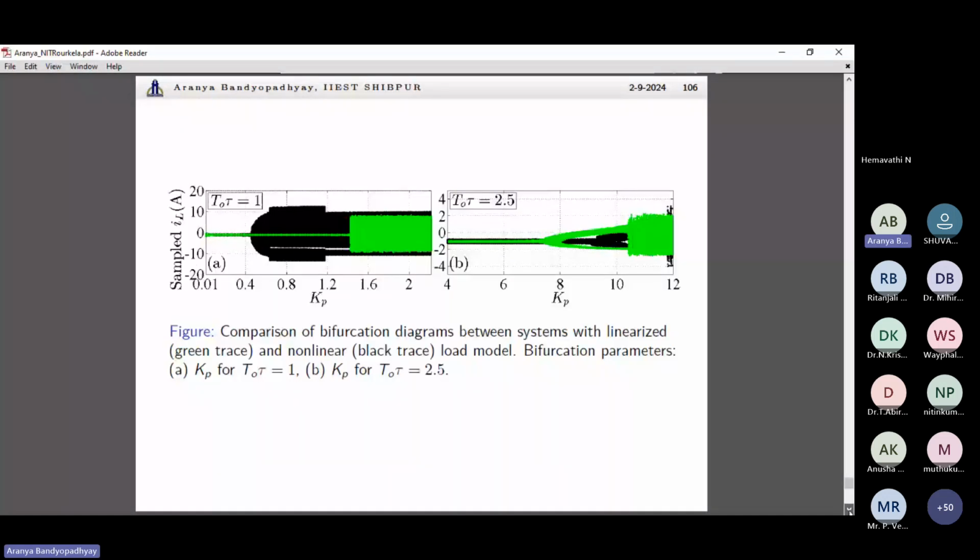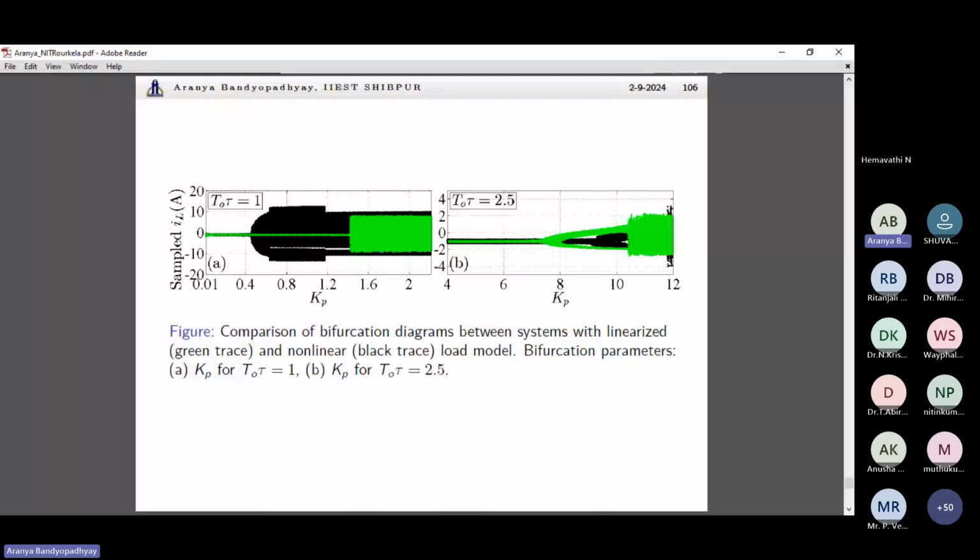Now let us put the bifurcation diagram. We can see the same thing. See, the green trace is for the linearized case, and the black trace is for the nonlinear case. So the nonlinear load modeling is causing earlier onset of instability, but at the same time, the nonlinear load modeling is also causing delayed onset of period doubling instability.